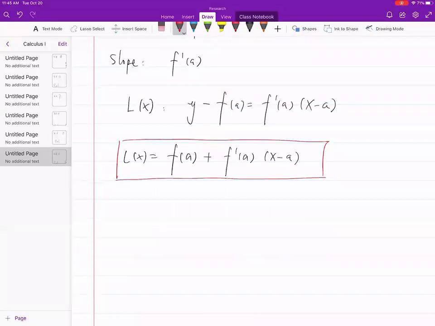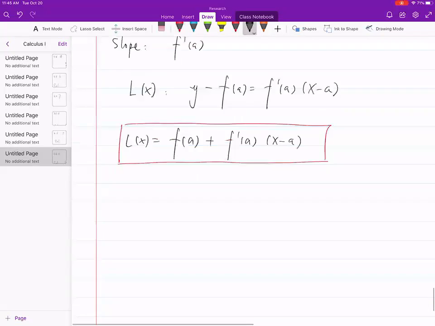All right. Is everything clear here? So if you memorize the formula, you can use it now. Let's do a simple example.